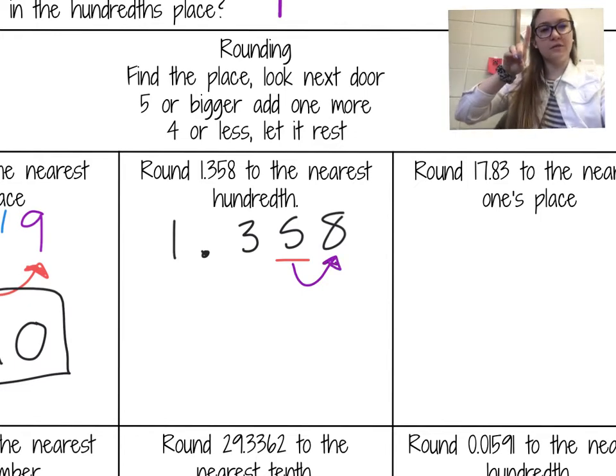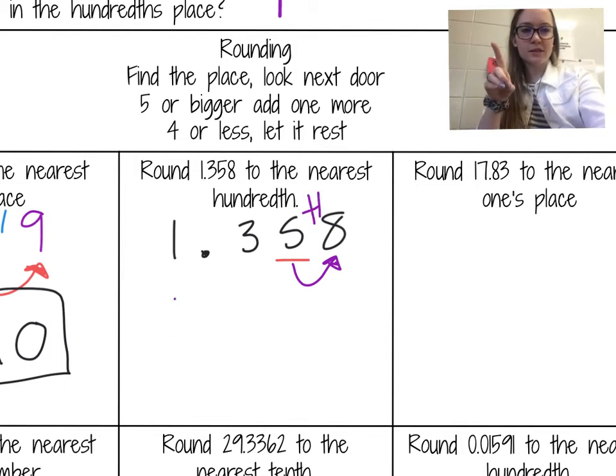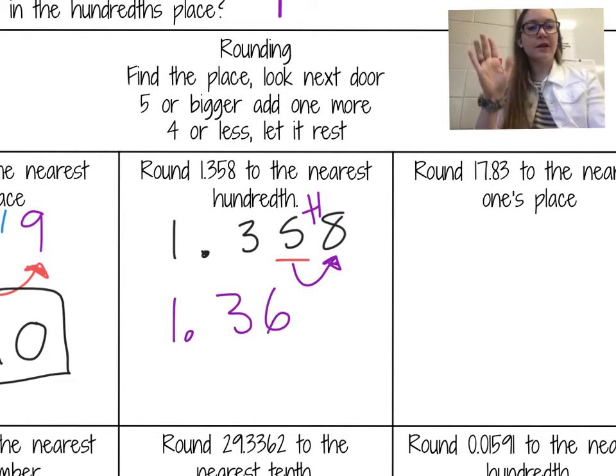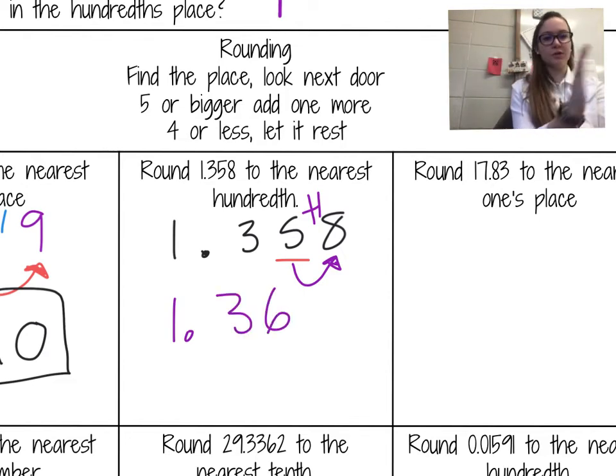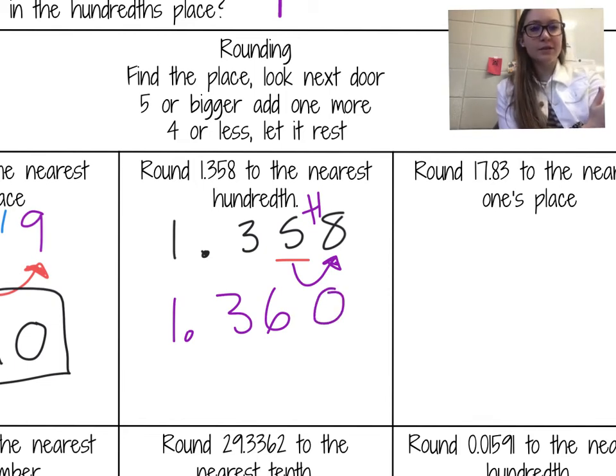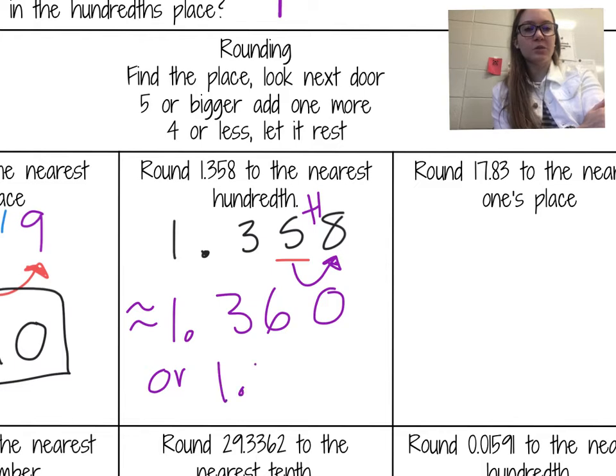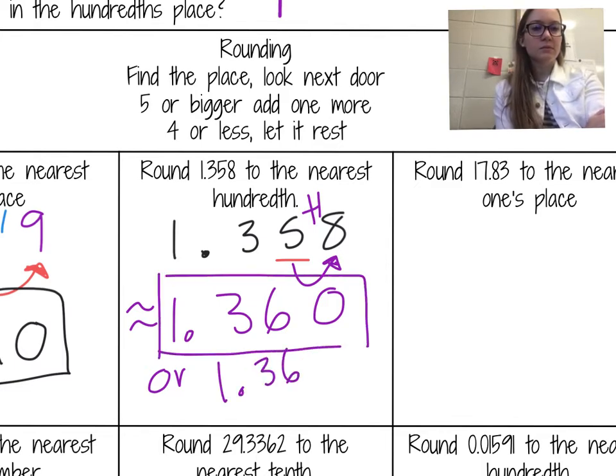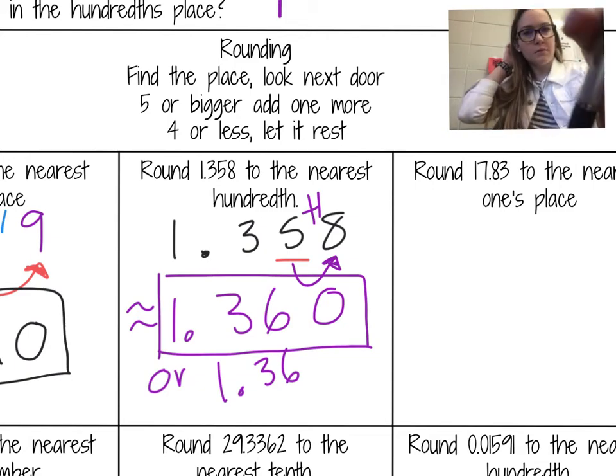So I'm going to add 1 to the 5. It becomes 6. Okay, and then anything after it, so to the right of that, becomes a 0, which you could also write as just 0.36.